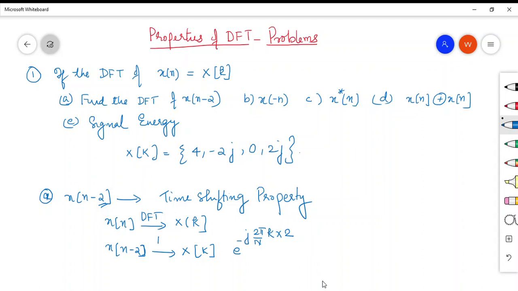This is the time shifting property of DFT. That means if a signal is time shifted by m units, then the DFT will be equal to X of k, that is the DFT of x of n, multiplied with a factor e raised to minus j 2 pi divided by N k into m. And what is N? N is the length of the given sequence. So here N is equal to 4.